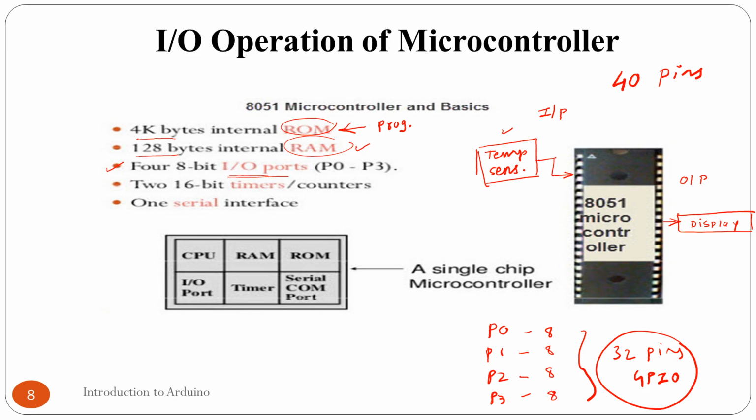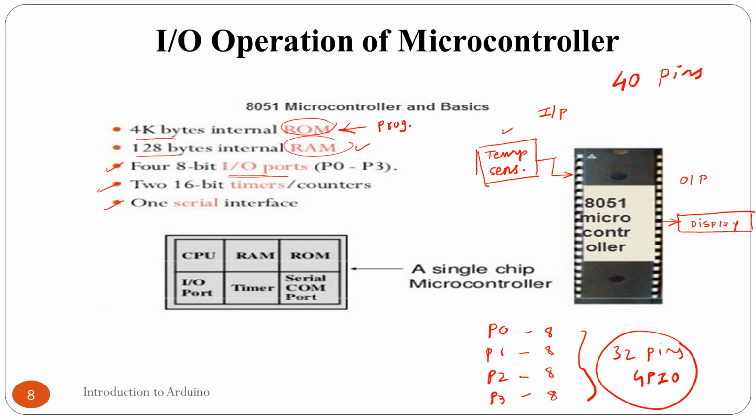Whenever you are learning any microcontroller, it is important to understand the IO ports or IO pins, and we must connect sensor devices or display devices to these pins only. The next feature is that it has a 16-bit timer or counter. Now, timer/counter is a different thing. It is basically used to generate certain known delays or to count some external events.